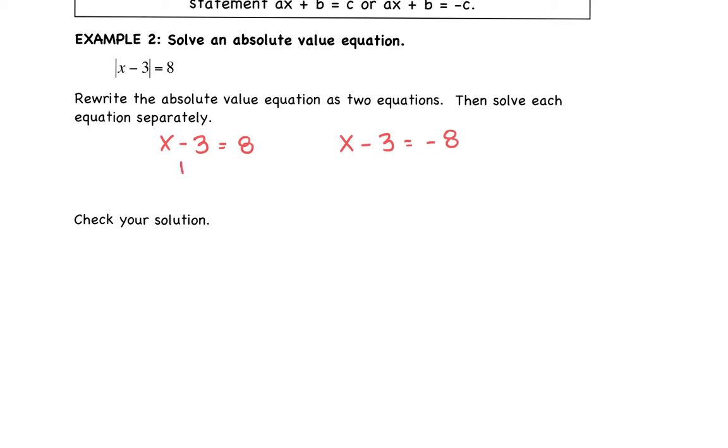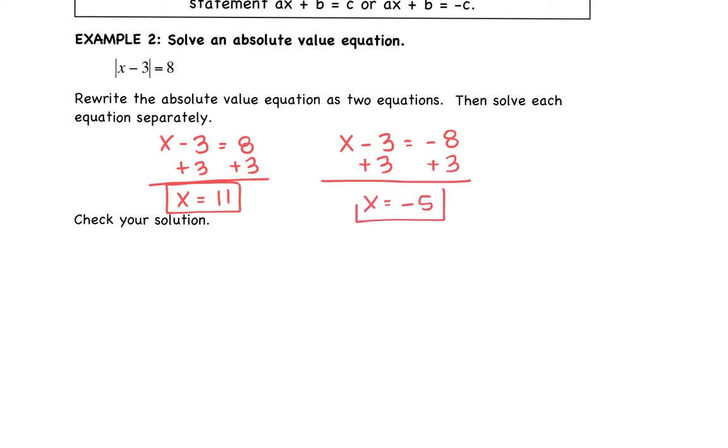So now we need to solve each of these. Over here, I add 3 to both sides, and I get x equals 11. That's one solution. Over here, I add 3 to each side, and I get x equals negative 5. That's the second solution.